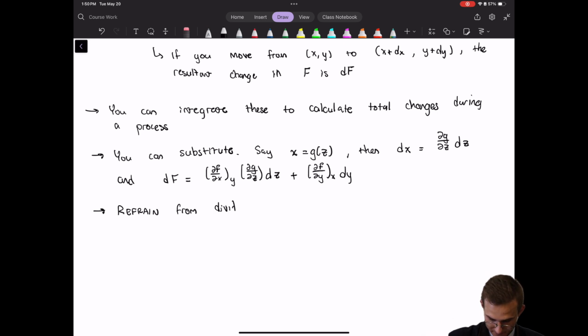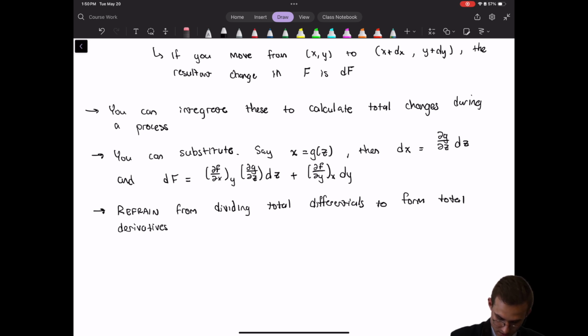So, for example, df/dx from this analysis would end up being ∂f/∂x holding y constant plus ∂f/∂y holding x constant times dy/dx.